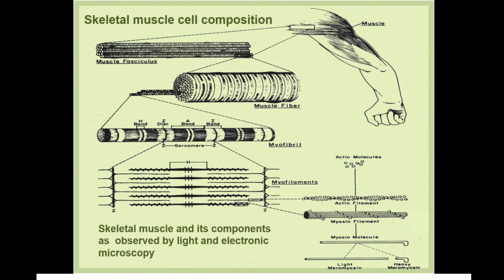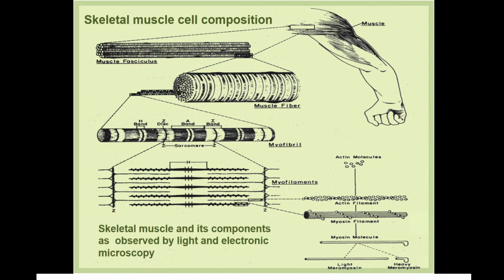The myofibrils, in turn, are divided into functional units, or sarcomeres, by a transverse sheet of alpha-actinin protein called the Z-line. You can see this functional unit, the sarcomere, and this alpha-actinin protein sheet, the Z-line.